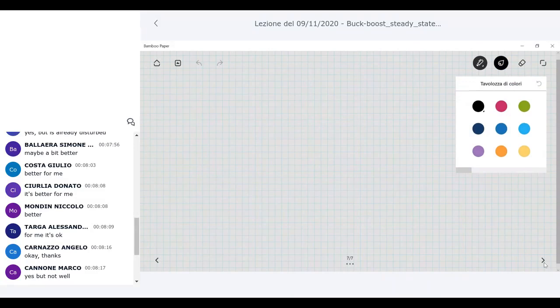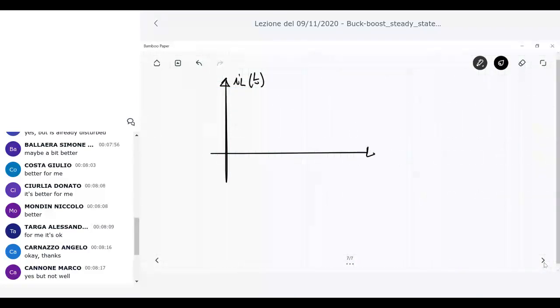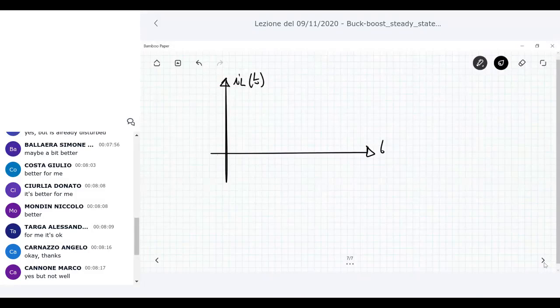Let's come back to the current through the inductor, okay? Because as usual, through the analysis of the current through the inductor, we can understand which is the critical inductance to operate our buck boost always in CCM or in DCM, okay? The usual analysis that we already have. So let me rescale the axis in duty cycle, okay? We have D and we have 1.